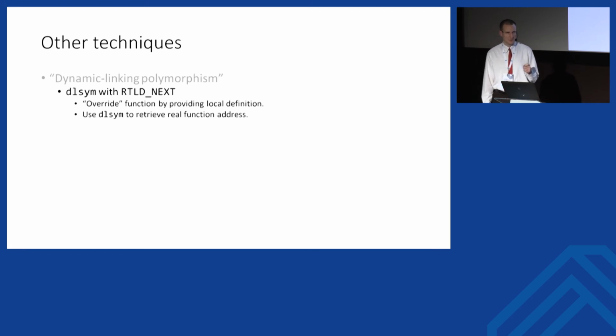So this way, you could substitute your own definition of a function over what, for example, libc provides, while you could still use this approach with RTLD_NEXT to find the original function. Like your library provides the definition, for example, for malloc, while you use this dlsym to find the real malloc starting from the next library, and you can use either your own definition or the real one, or well, just wrap it as you please.